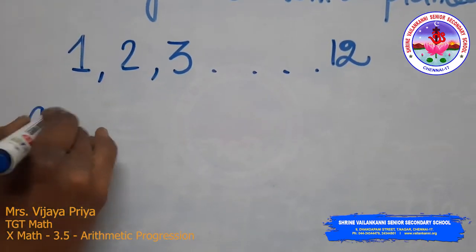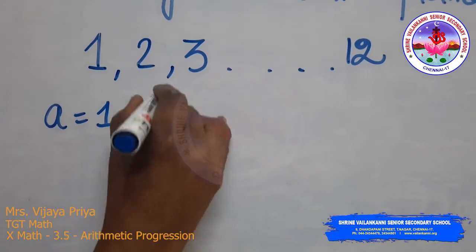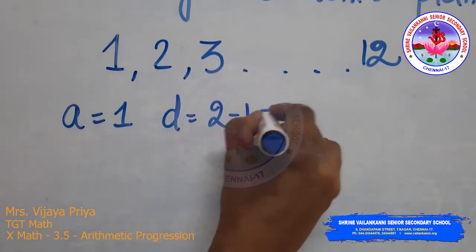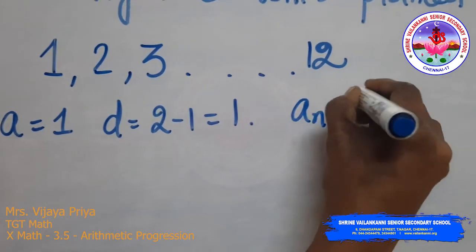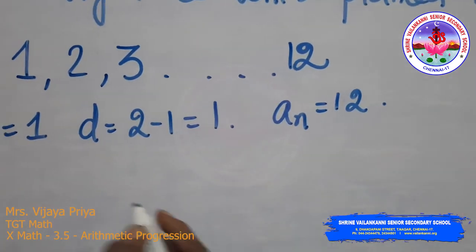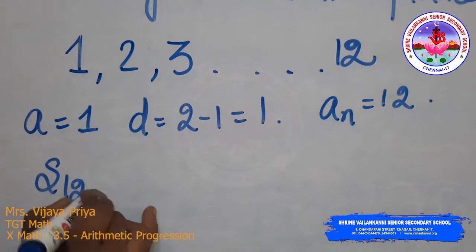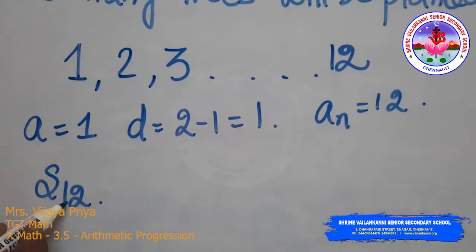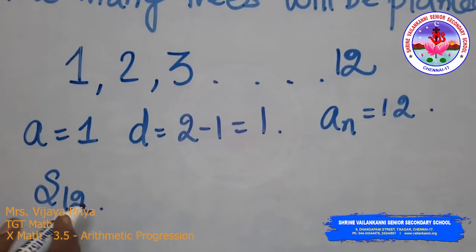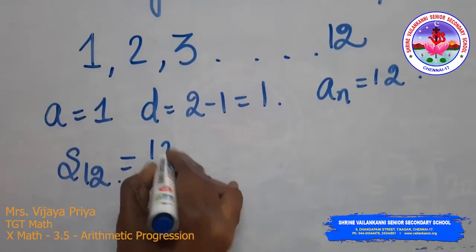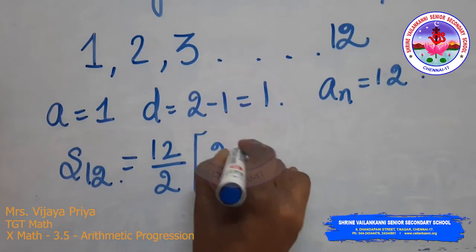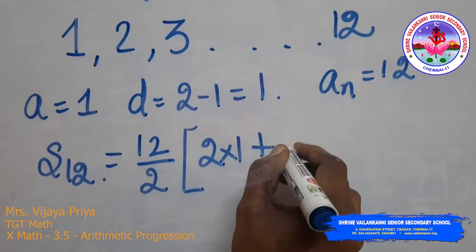So here you will have a is equal to 1, common difference equal to 2 minus 1, which is equal to 1, and an is equal to 12. So here we want to find out S12. Since the nth position will be 12, Sn is equal to 12 divided by 2, that is n by 2 into 2 times a plus n minus 1 into d.